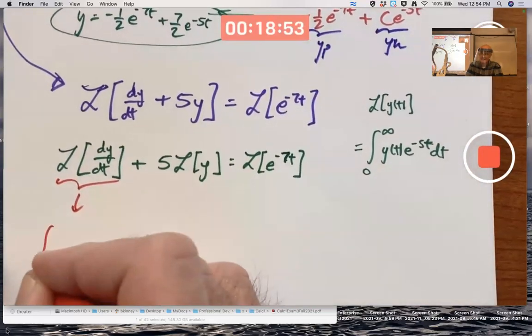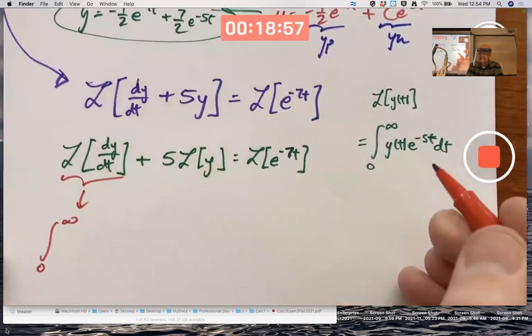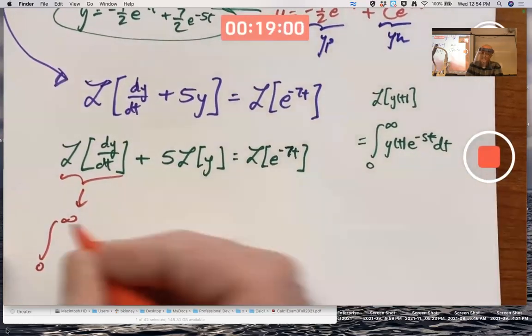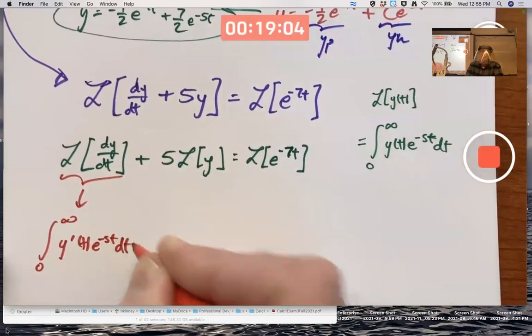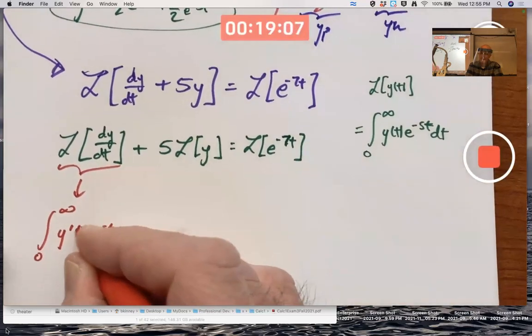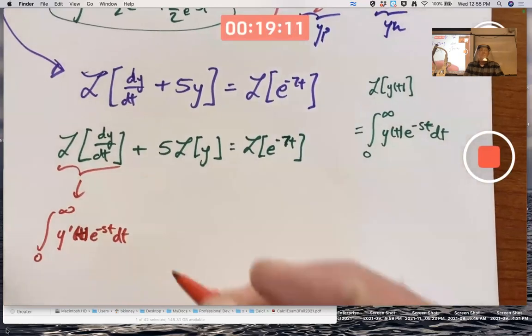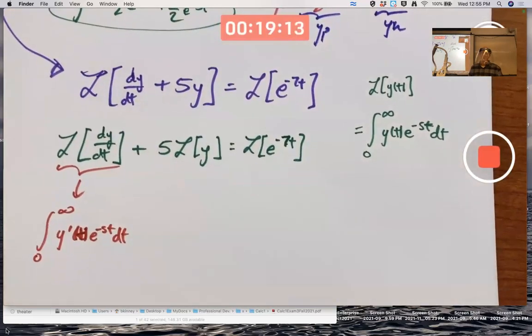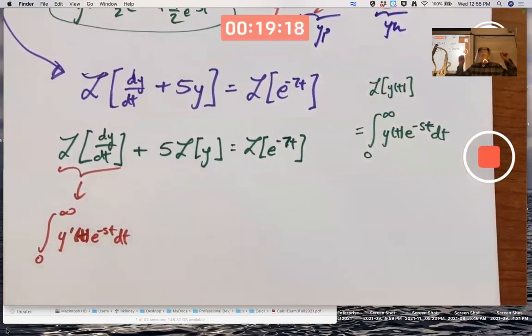By definition, this is the integral from 0 to infinity of dy dt times e to the negative st, which I'll write as y prime of t times e to the negative st. And whenever you see an integral involving a product, where one of the factors of the product is a derivative of something, that should set off flashing light bulbs in your head saying, hey, probably integration by parts is helpful.